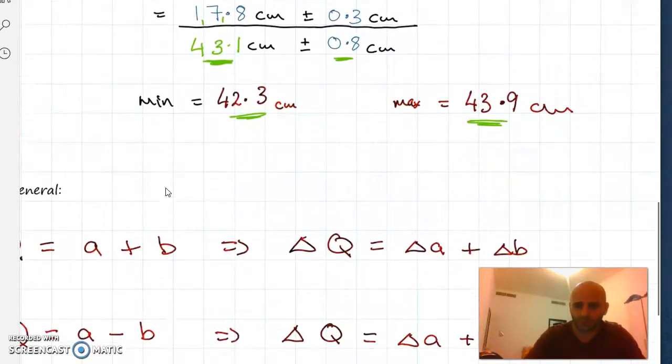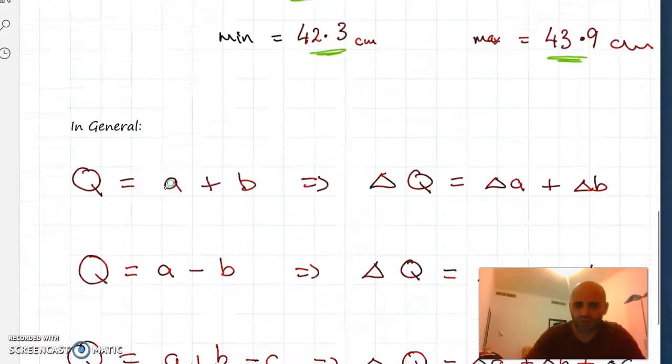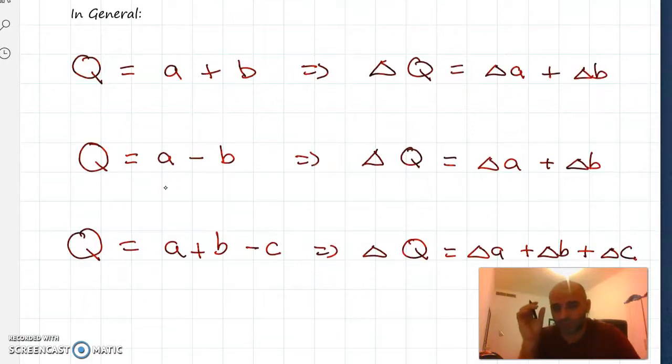So in general, and here's where I'm going to generalize this, for problems with addition, you'll see this written in the textbooks, but I think it looks quite confusing when it happens, okay? So if Q is some quantity, let me explain what this means.